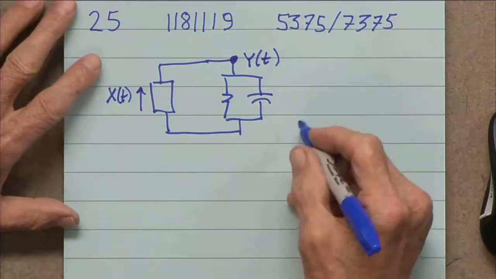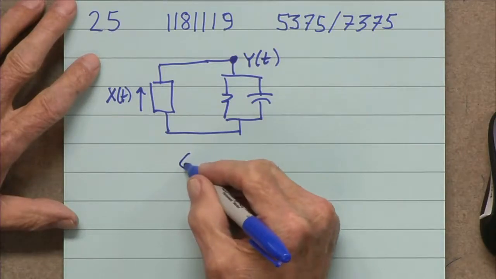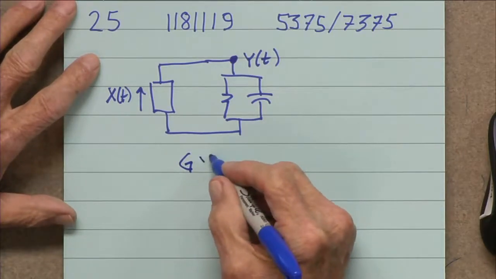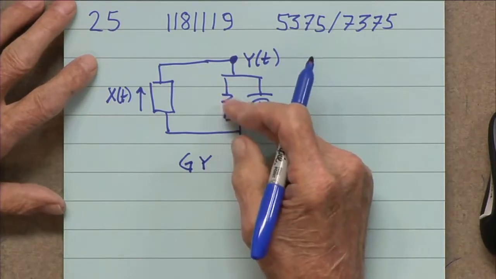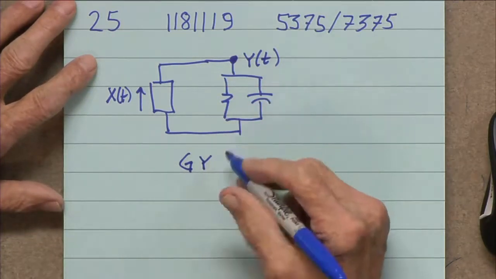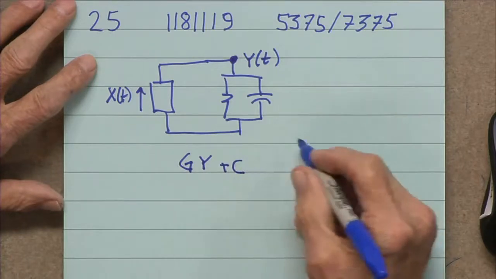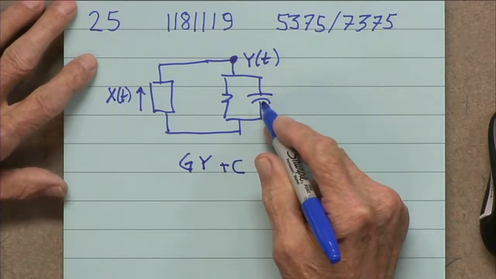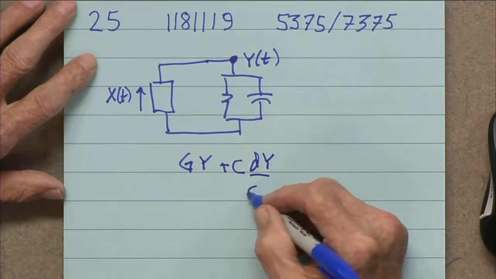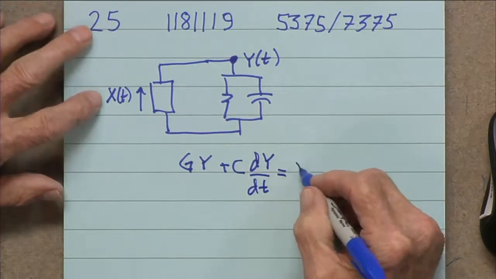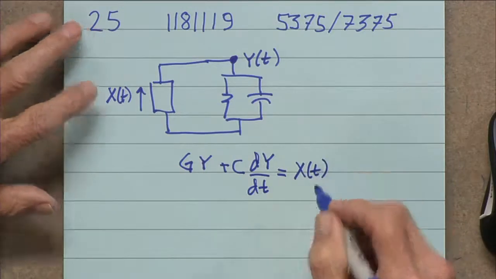So G y is the current going through the resistor plus the current going through the capacitor, C dy/dt, and that's equal to the input current.